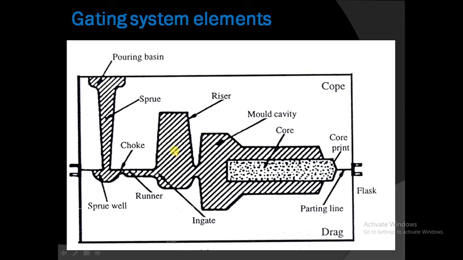That means the riser should be possibly near the top of the mold. Because to take the advantage of the gravity head of the metal, if it is provided at the top portion, the cavity is completely filled by the gravity flow of the metal.